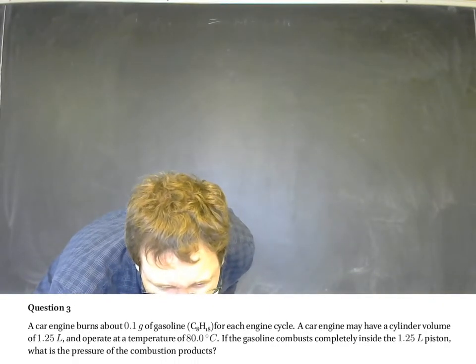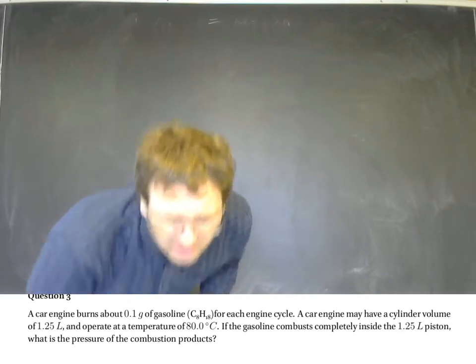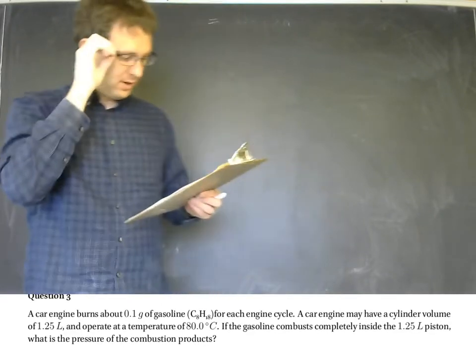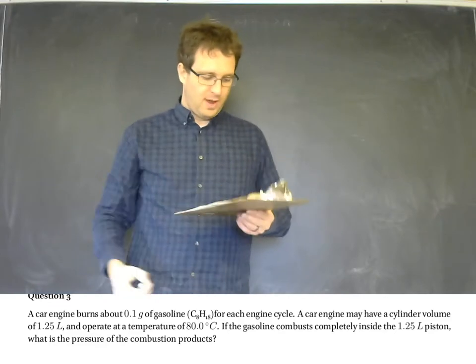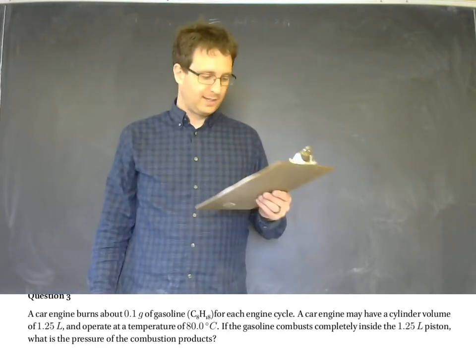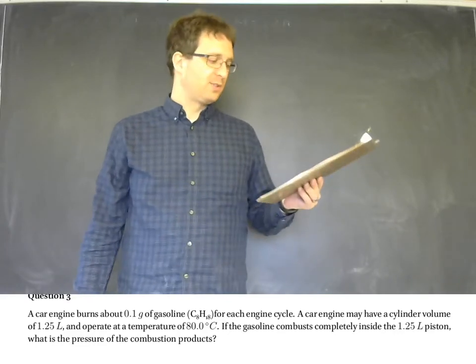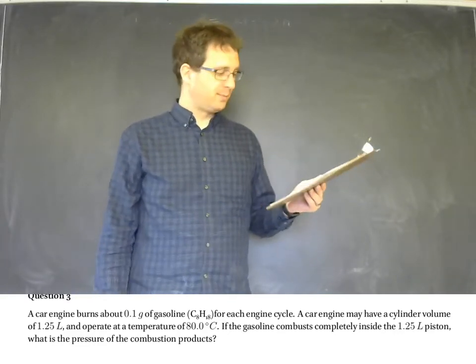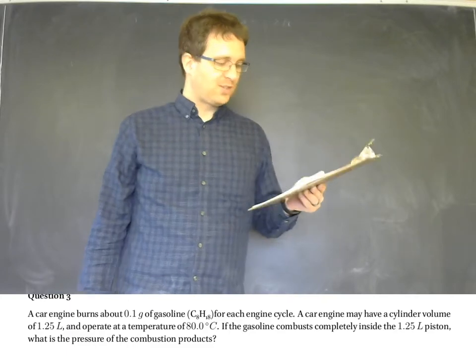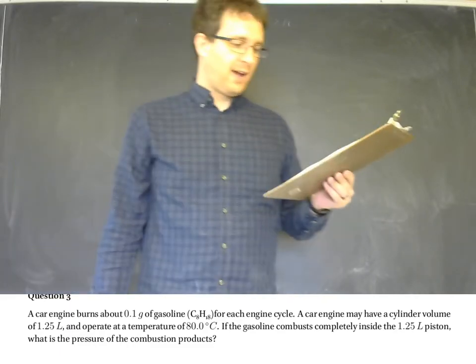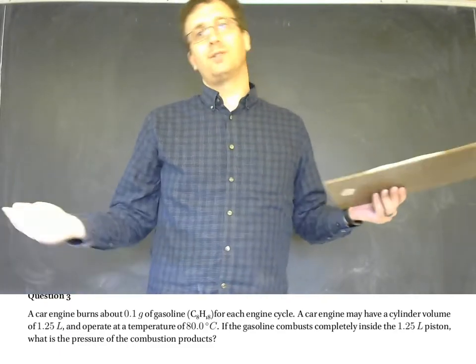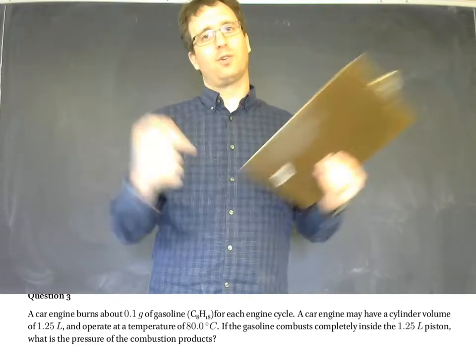Okay, and finally, question 3. A car engine burns about 0.1 grams of gasoline, which is technically a mixture of different alkanes, but we'll just assume it's octane to simplify this. For each engine cycle, a car engine may have a cylinder volume of 1.25 liters, and that's like the total volume.